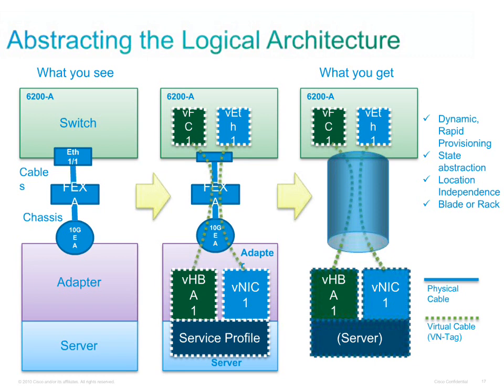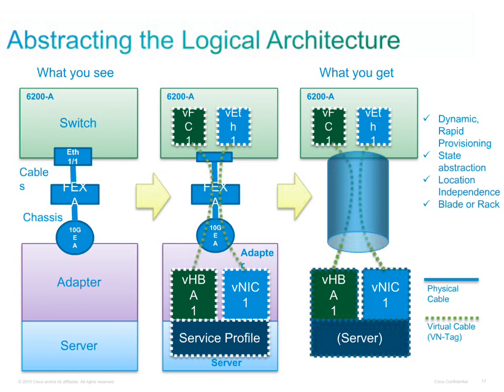We've taken the physical 10 gig Ethernet adapter that's in a given server. It's a PCI card that looks like every other 10 gig Ethernet card. But there's a special ASIC, a special chip embedded on it, that we can control from UCS Manager, our management tool. We can tell that adapter to take on a new identity or identities.